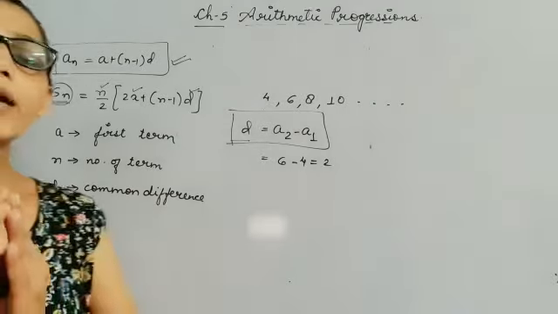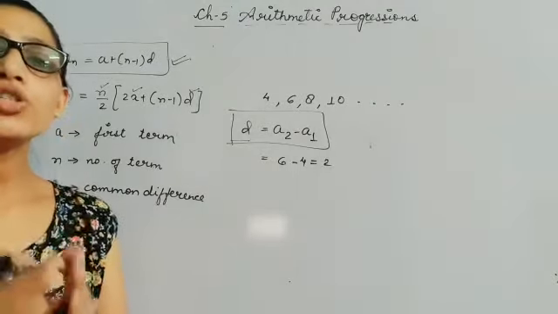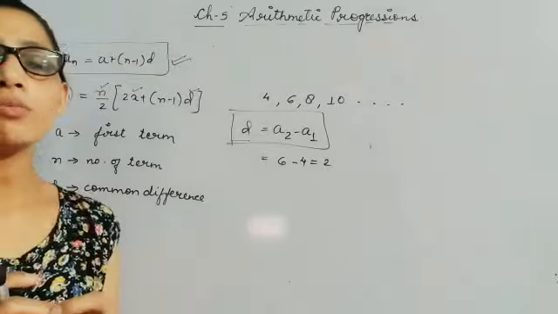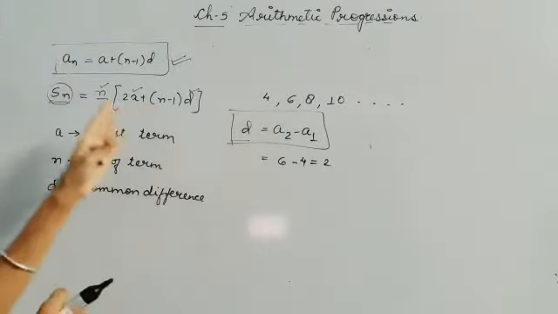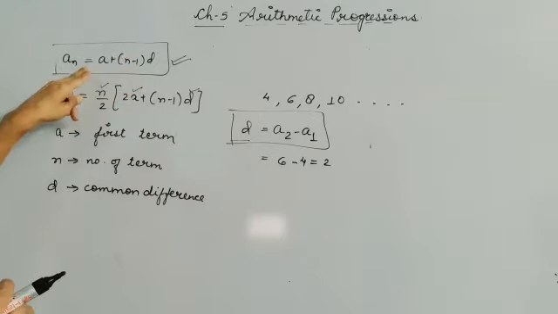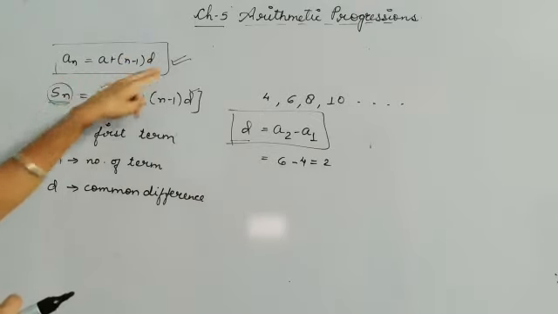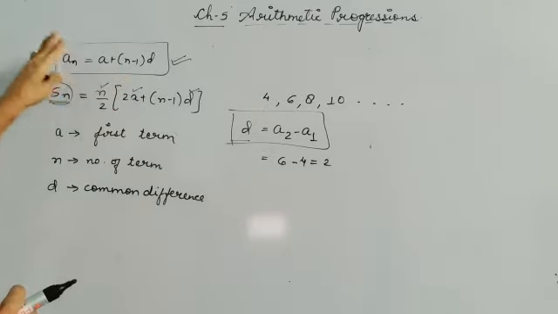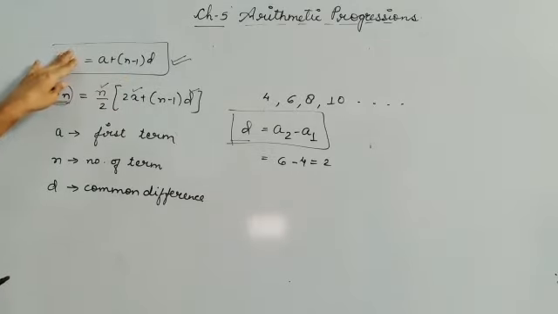But children, there are certain questions in which you need to apply both the formulae together. So what you have to do then, let's suppose first of all in the question it has been asked to find out a. So I will be applying this formula, and let's suppose the nth term is not given to me. So what I will be writing?